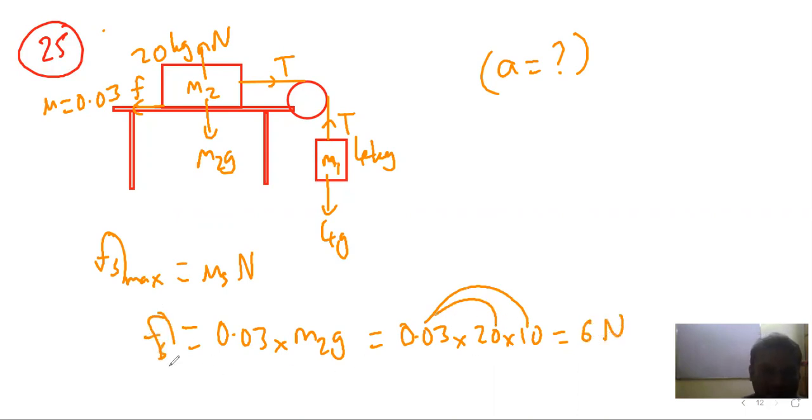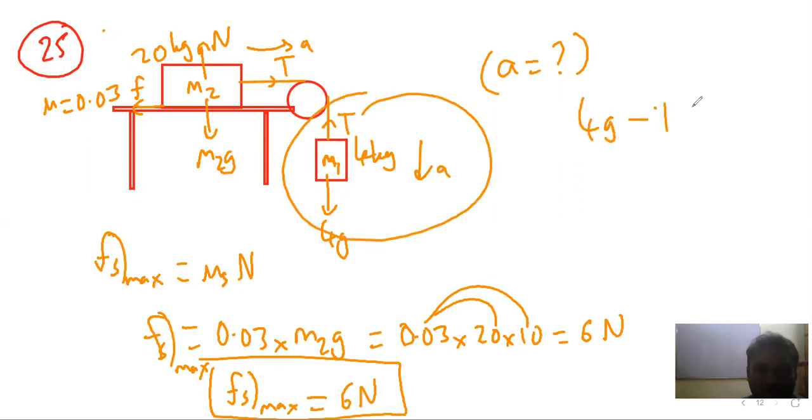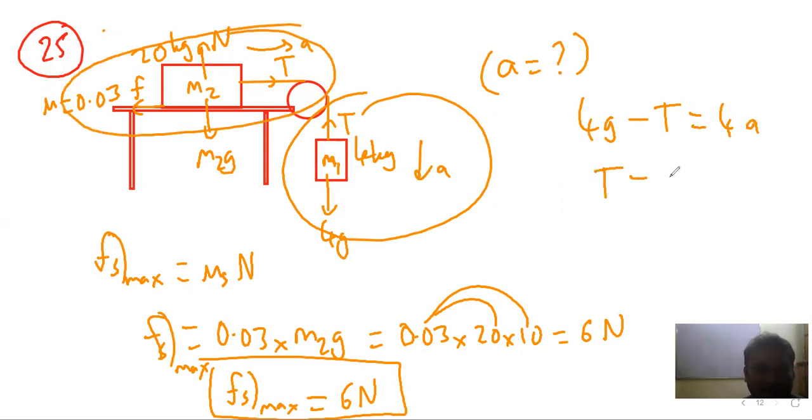So the maximum value of static friction comes out to be 6 Newton. Now, if at all there is acceleration, it will be in the downward direction and this block will move in the forward direction. So for this block, we have 4g minus T is 4a. And for this block along the horizontal direction, we have T minus friction force is equal to 20a.